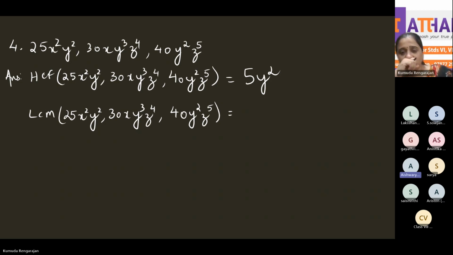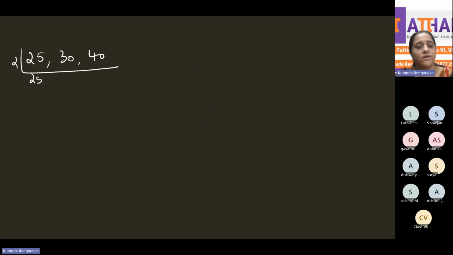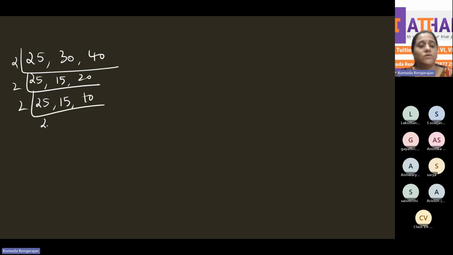Mom, I got 600. 25, 30, and 40. So you should know this method. 2, 25, 15, 20. 2, 25, 15, 10. 2, 25, 15, 5. Then you can divide by 3.